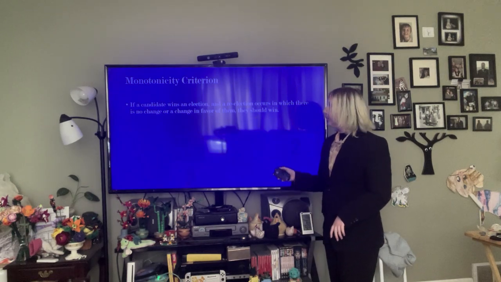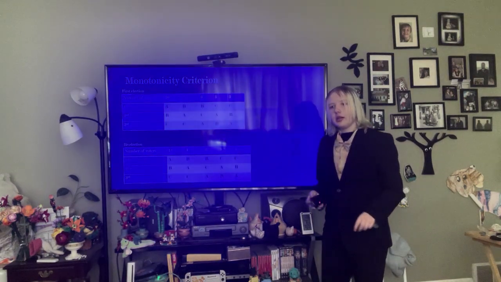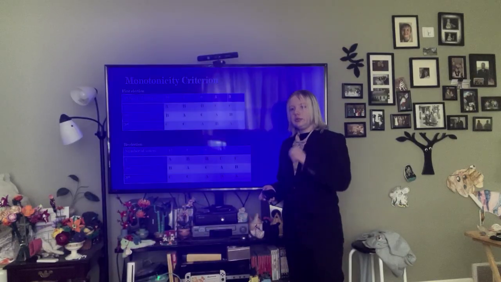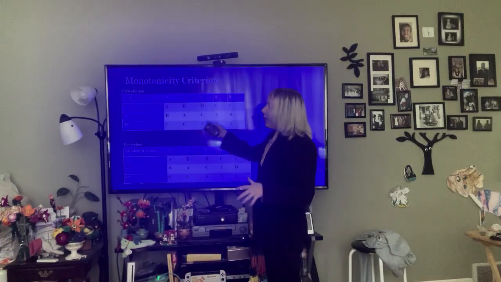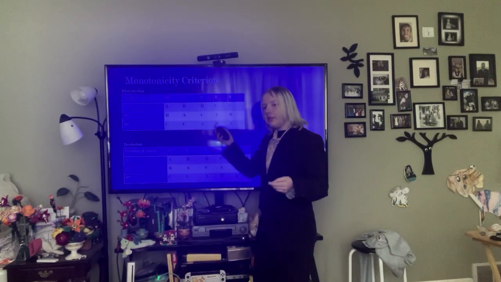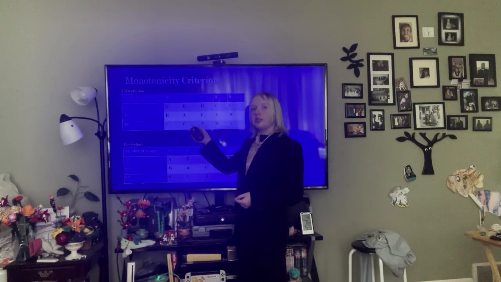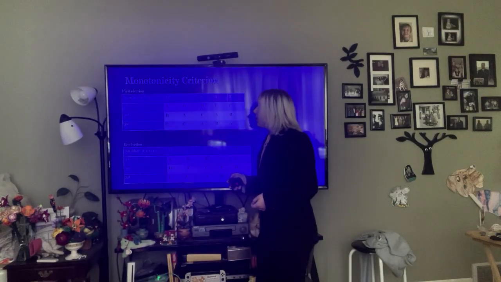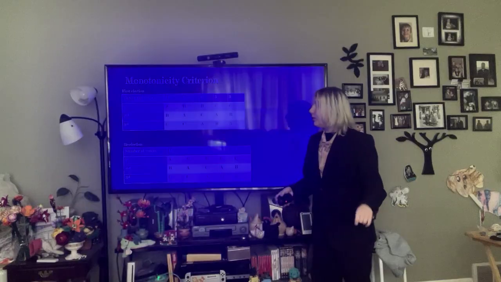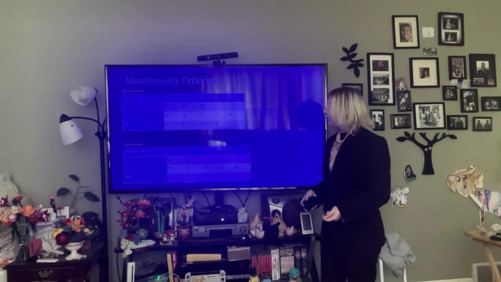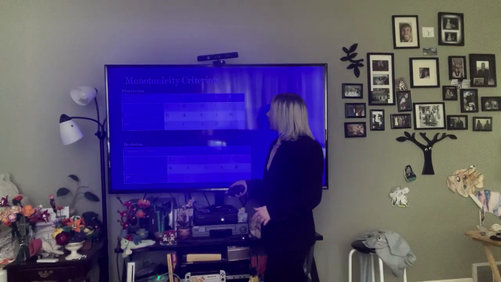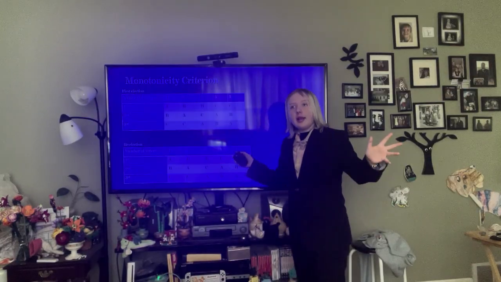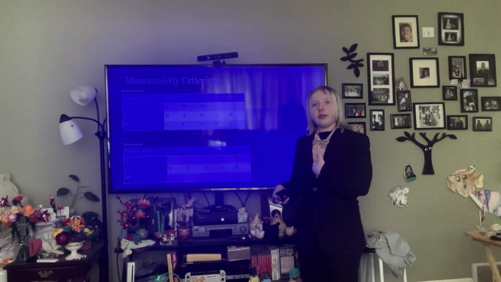But using this example and using the plurality with elimination method, you can see that A wins for this first election. But suddenly they had a re-election. So suddenly some people were like, oh wow, A wins, I should vote for them.